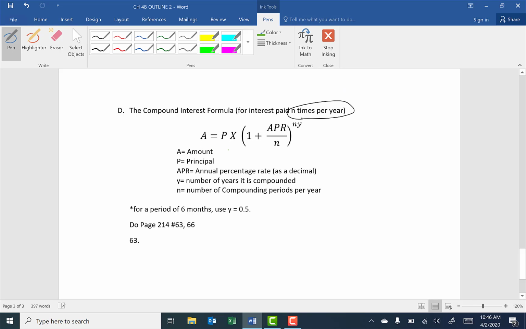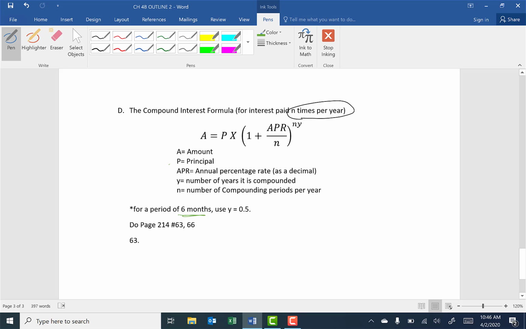A is our amount, P is our principal, or what we give the bank to begin with, APR is our annual percentage rate, Y is the number of years, and N is the number of compoundings per year. For a period of 6 months, you would use Y equals 0.5, because the time is always given in years. So if it's 6 months, we have to make that 0.5.